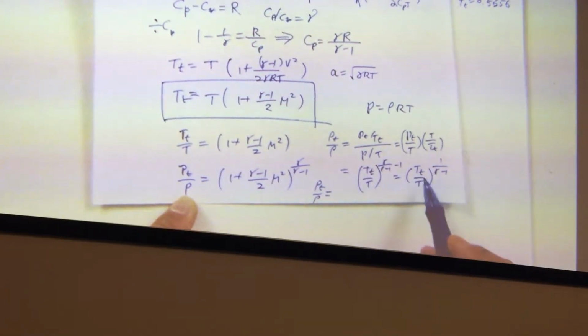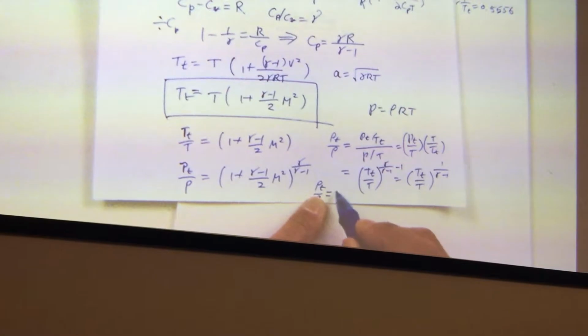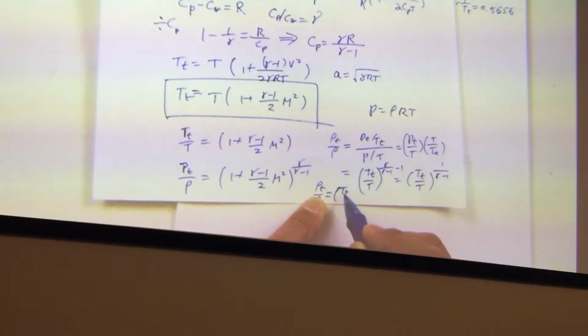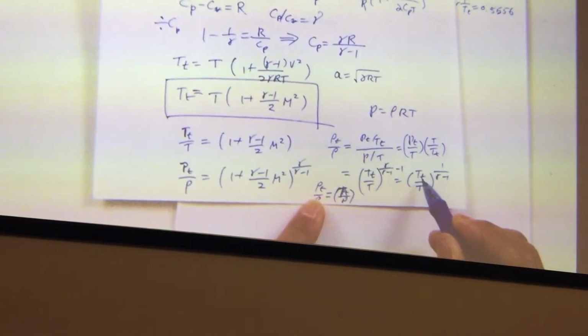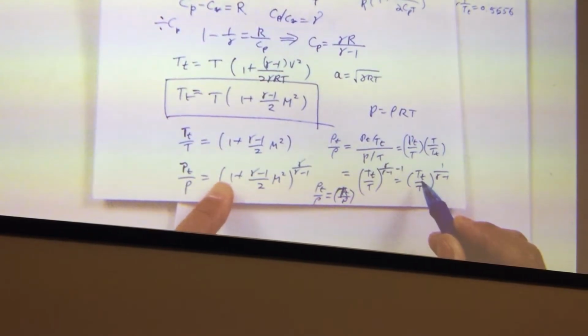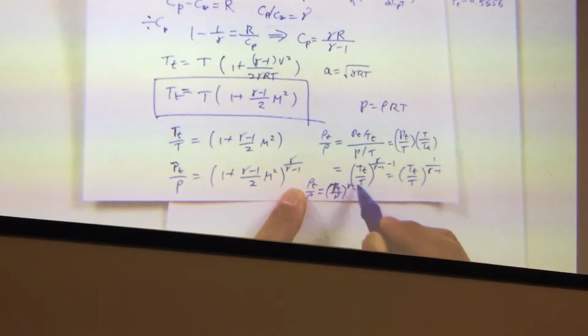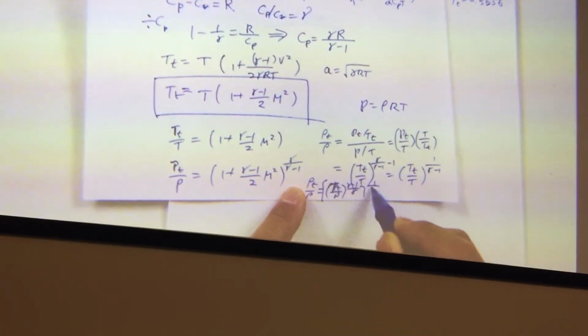We do Tt over T should be equal to Pt over P to the power of (gamma minus 1) over gamma, and then to the power of 1 over gamma minus 1.